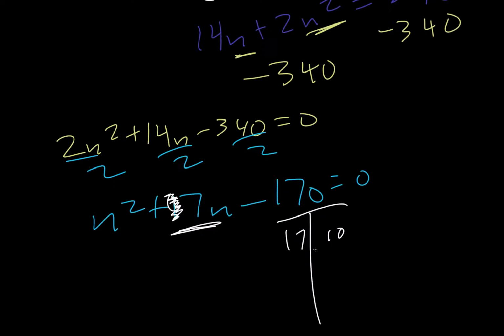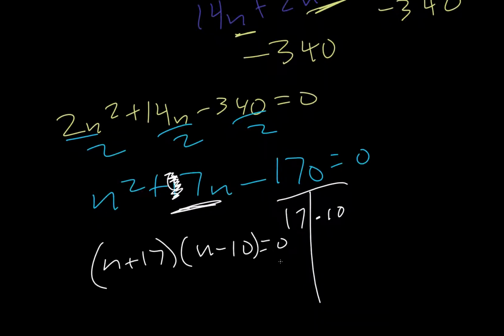To make positive 7, we use a negative 10. So we're going to say n plus 17, n minus 10. That's still equal to 0.